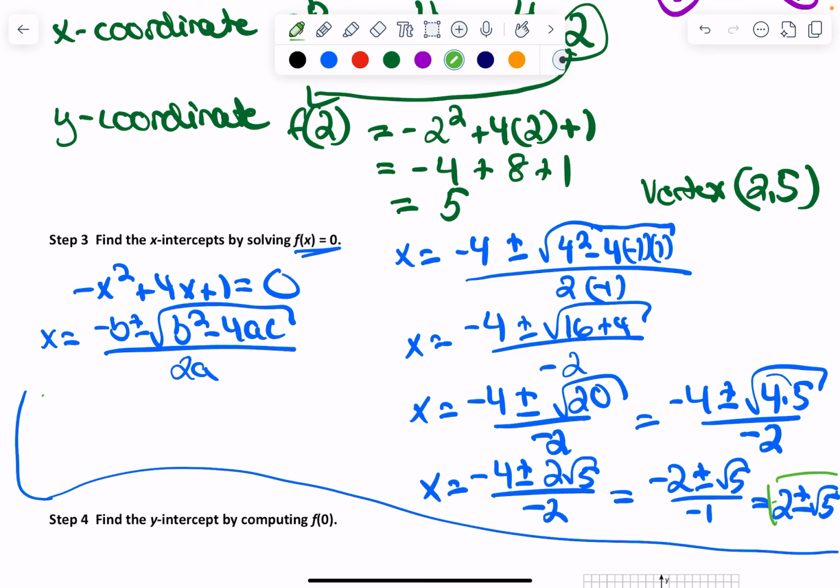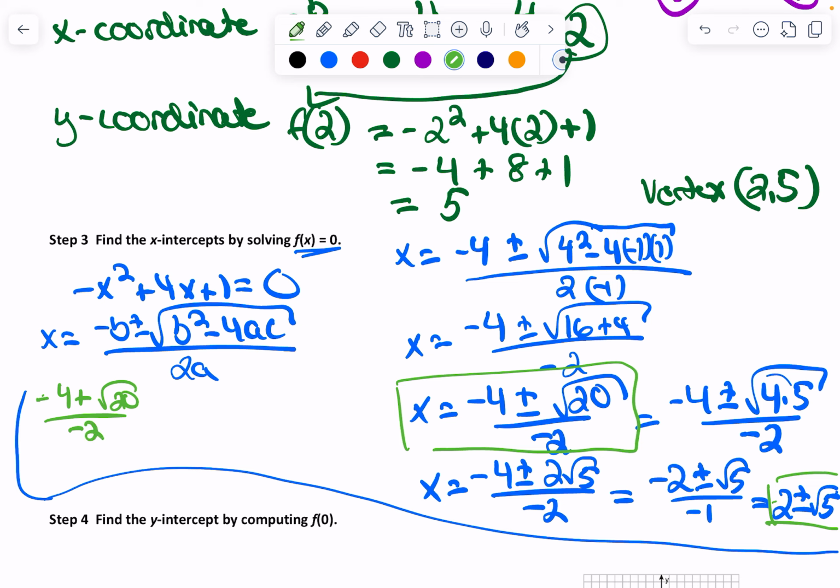This is the accurate answer, but now what we can do is go ahead and plug these two into a calculator to just see where we are. So negative 4 plus the square root of 20 divided by negative 2. If we plug this into the calculator, we get negative 0.2, so it's 0.236.